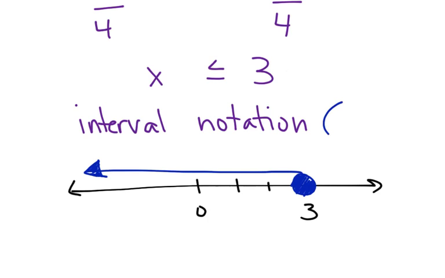In interval notation, we wrote that as parentheses negative infinity, comma 3 bracket. We always use parentheses for infinity or negative infinity. The reason it's negative infinity is because that's the left direction on the number line. And there's a bracket at 3 because it's a closed circle.